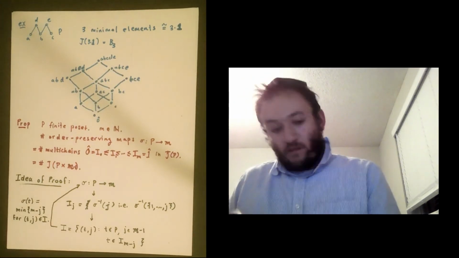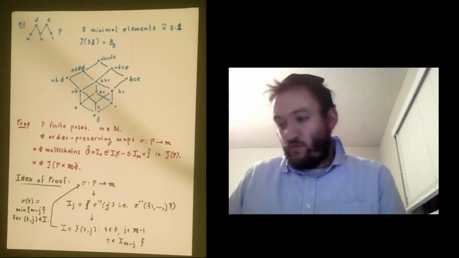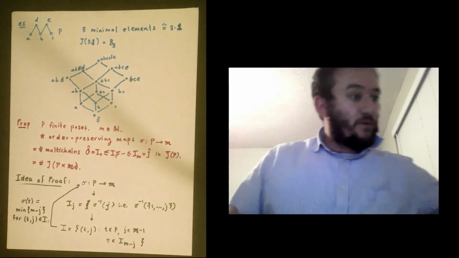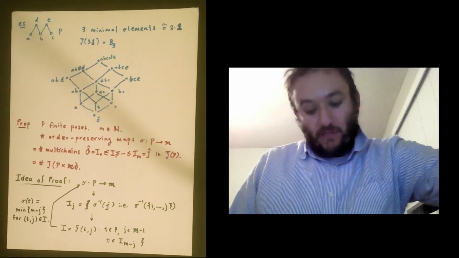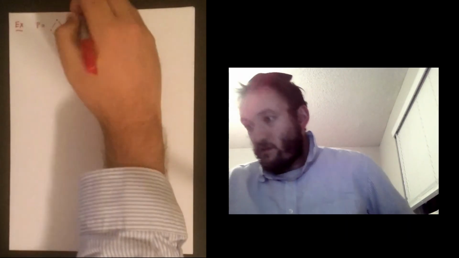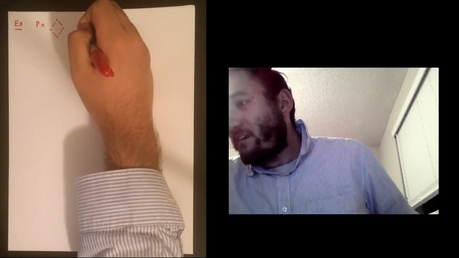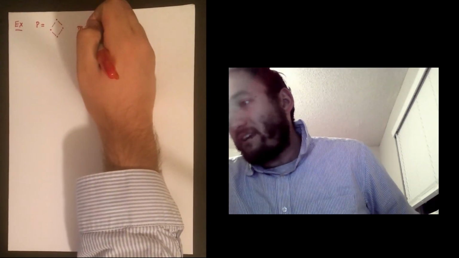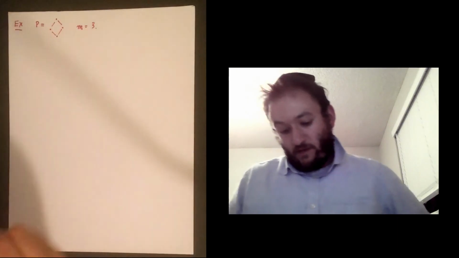Okay, so we're not going to go too rigorously through a proof of this, but we'll look at an example and see how it plays out. So let's say we're working with the poset P equals this little diamond. And then we'll let the integer that we're interested in be 3.